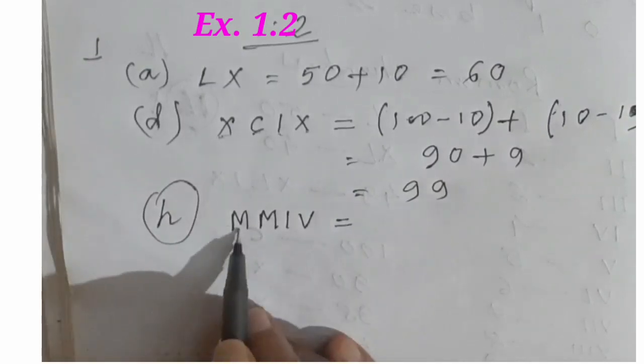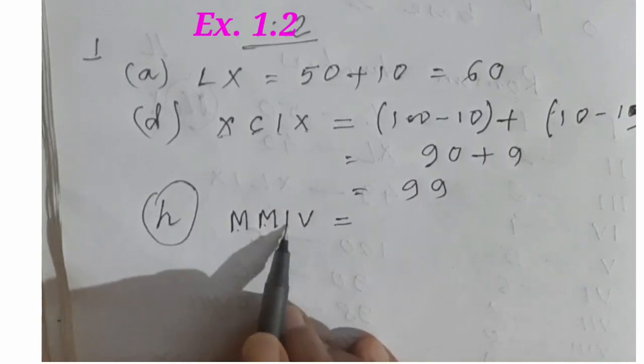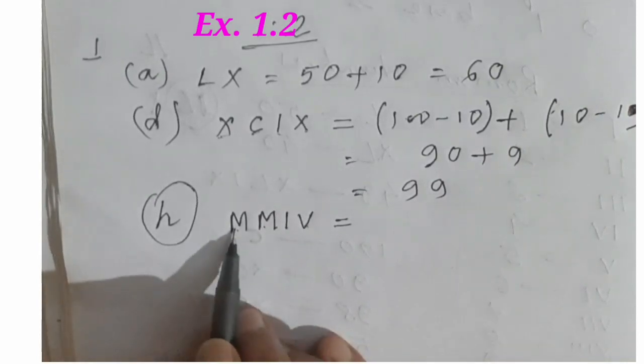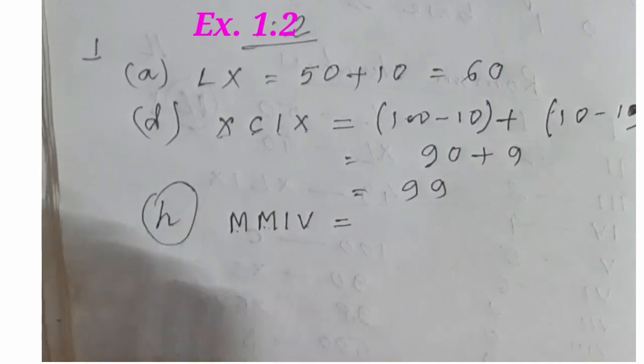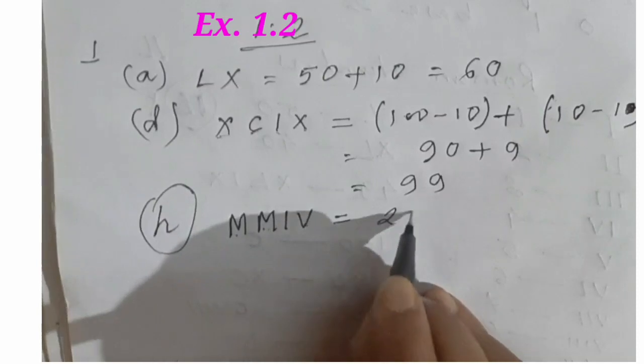I B, 1000, 2000 and I B is 4. So this is 2004. Okay, check 2000 and then 4.